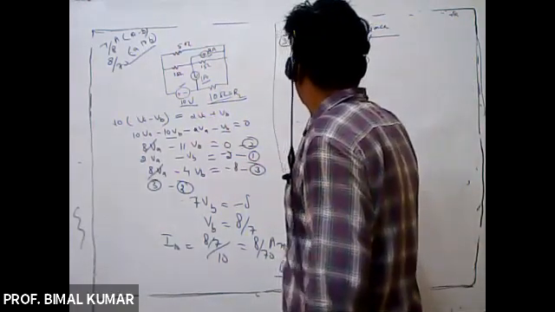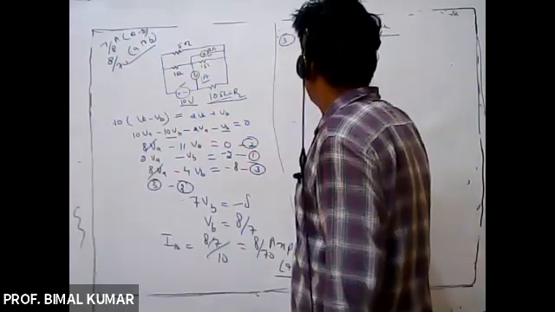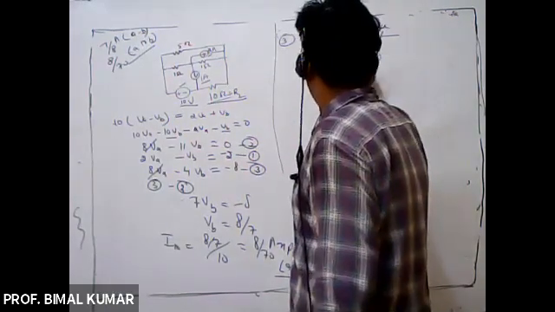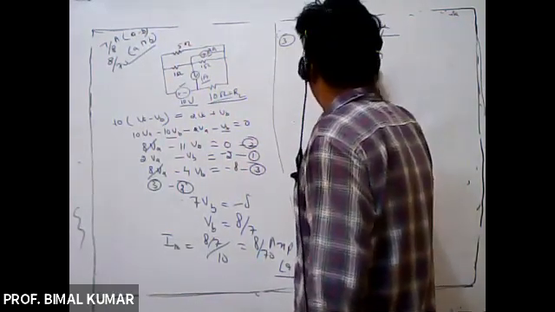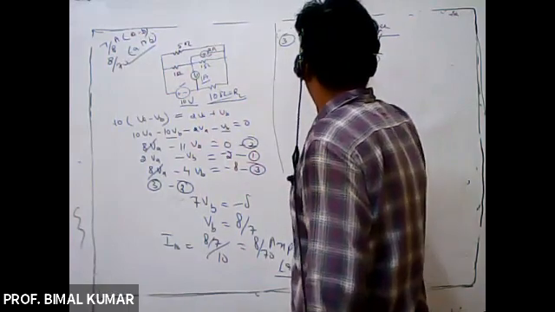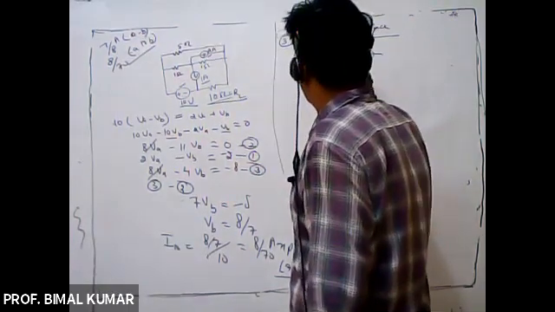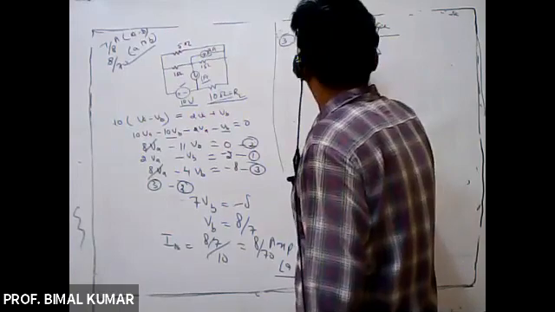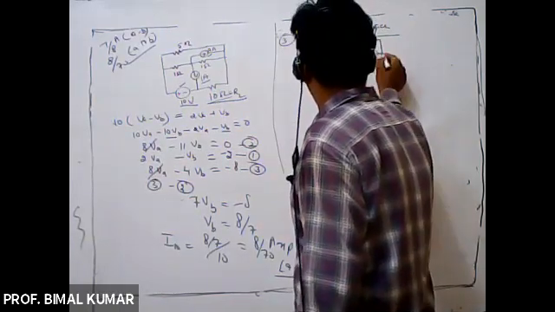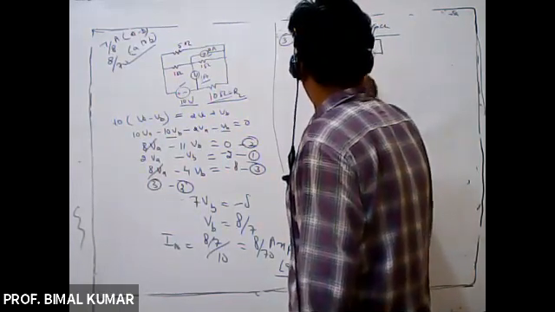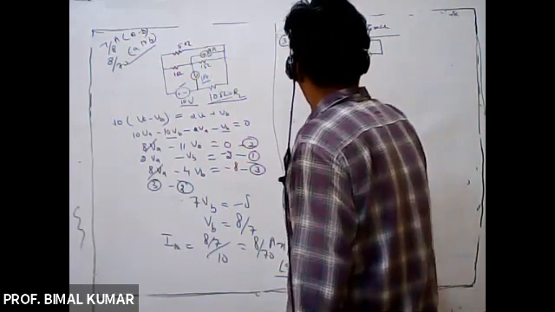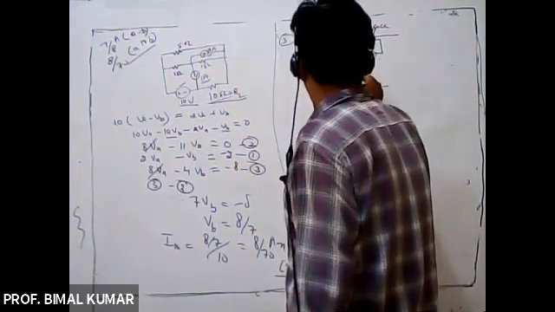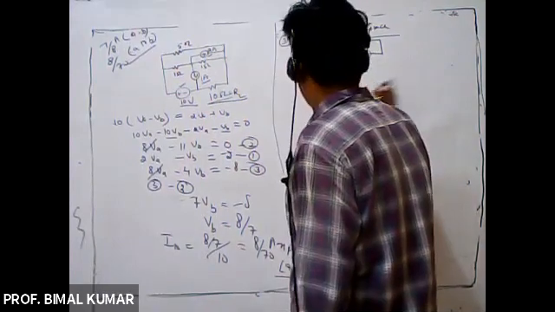This will be 1 ohm. Then here it will be again 1 ohm. This will be your 5 ohm. Then here that 1 ampere source is connected.